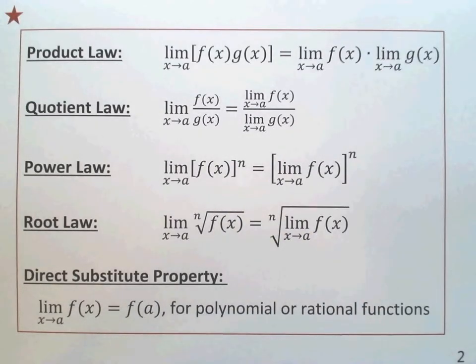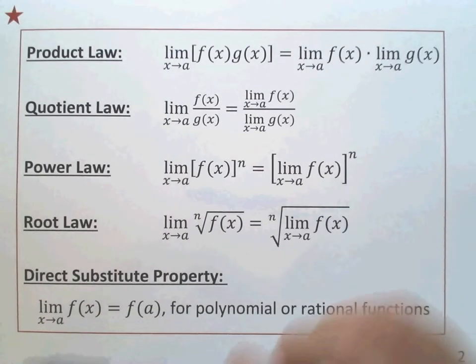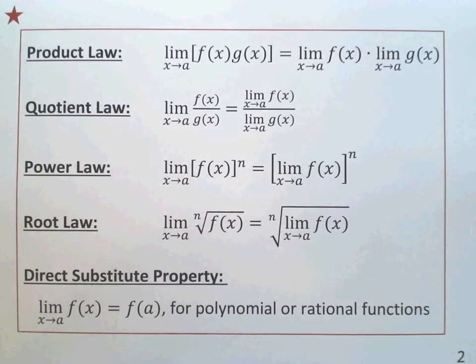All these properties we can only look at through the intuitive definition of the limit. Next time I will give you exact proofs using epsilon-delta language for some of the laws, not all of them. So we have the last one, the direct substitution property. What does it mean?